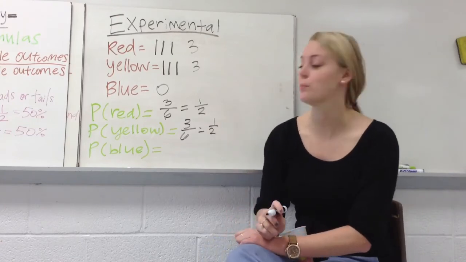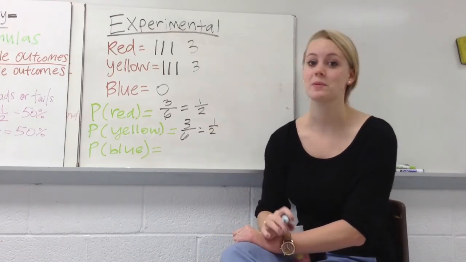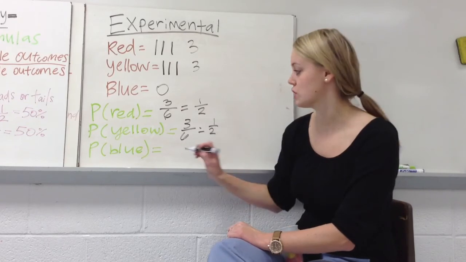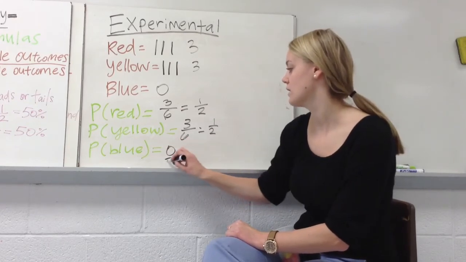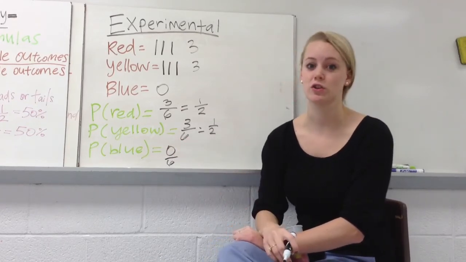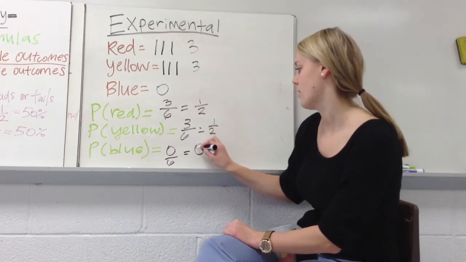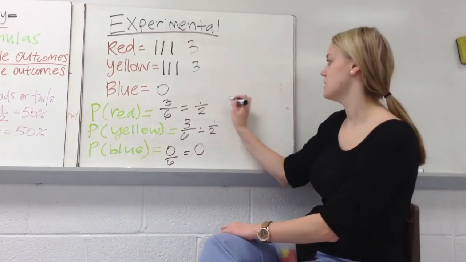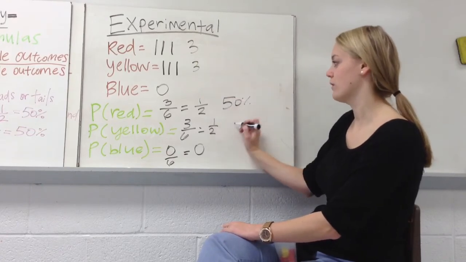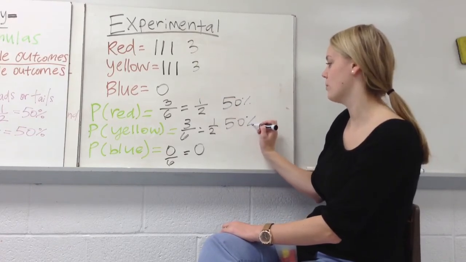And blue happened 0 times out of all 6 trials, so 0 out of 6. Remember, if 0 is our numerator, 0 divided by a number equals 0. So 50% of the time I pulled out red, and 50% of the time I pulled out yellow.